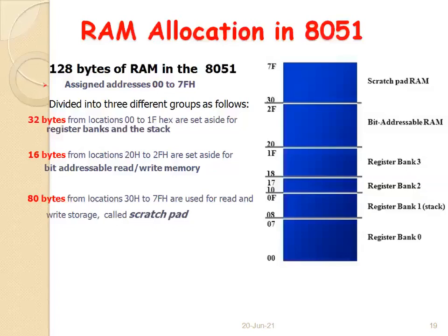I have to initialize my program in such a way that the stack pointer will be loaded with a value starting from say 30, approaching 7F. Therefore, if I use this scratchpad memory location, it will not coincide with the register bank, because in a program I can use register bank 1 also. In this way, I can avoid the conflict between bank 1 and the stack.